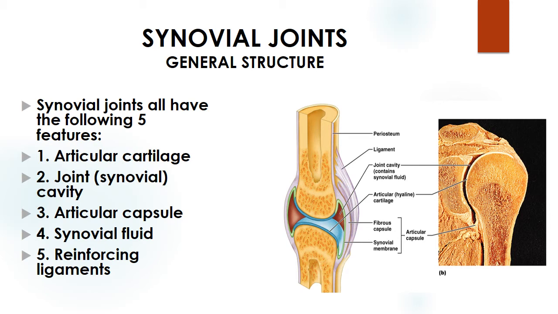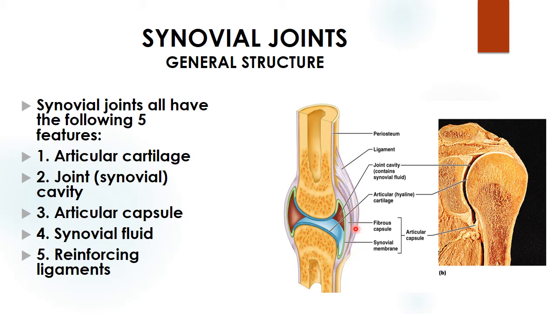With regards to reinforcing ligaments, in this diagram here, we're showing ligaments that are extracapsular, meaning that they're located outside of the joint capsule. And this, for example, could be representative of the medial collateral ligament in the knee.